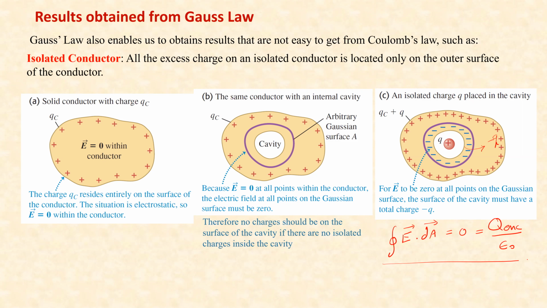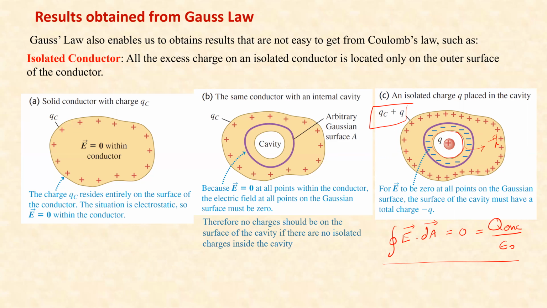And of course, if the whole conductor has a total charge QC, and there's charge Q in the cavity, then there's negative Q on the inner surface, and there should be QC plus Q on the outer surface. All right?